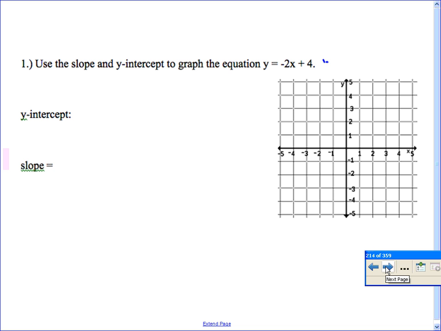So, first example, y equals -2x plus 4. Zach, what is the Y-intercept in this one, written as an ordered pair? So tell me what the B value is in this equation. So what's b? Y equals mx plus b.